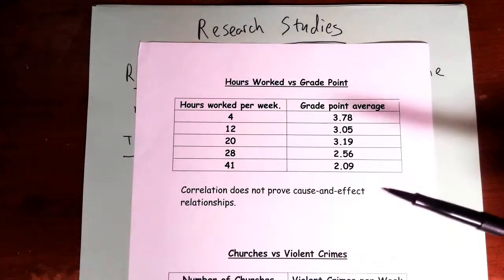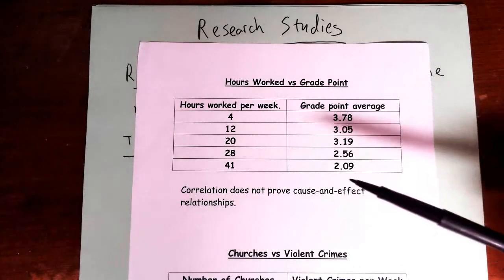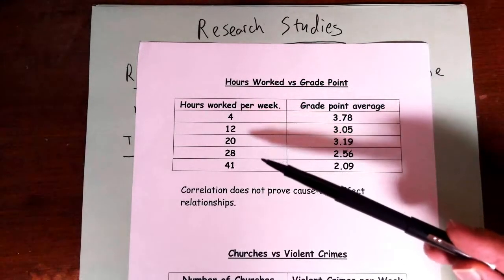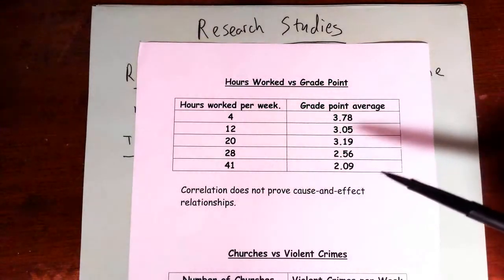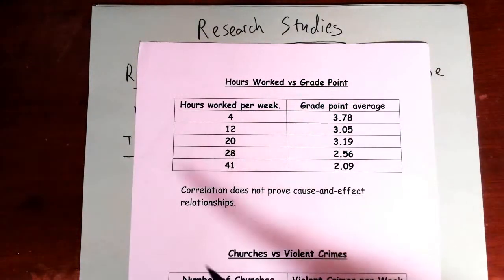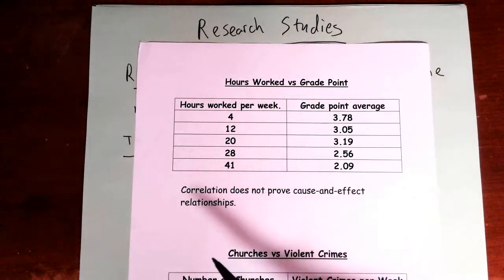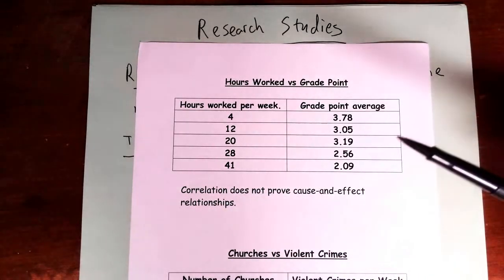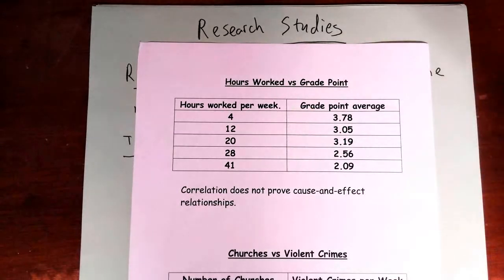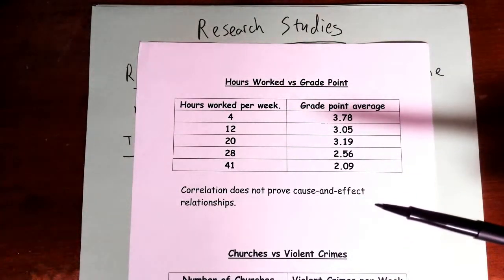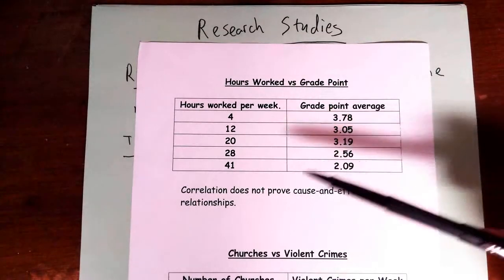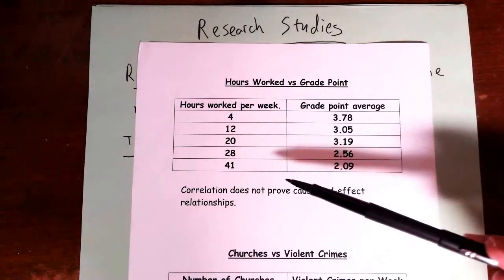Okay? Now, it's tempting to say, oh, that must be a cause and effect relationship. Okay? Because if we increase the number of hours they work, we see that the grade point average goes down. But it's very important to realize that correlation does not prove cause and effect relationships. Correlation does not prove causation, is often what you hear. And in this case, it might be a little hard to see that.